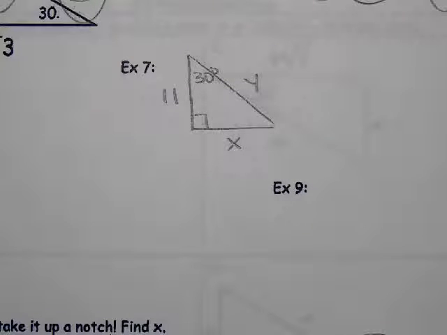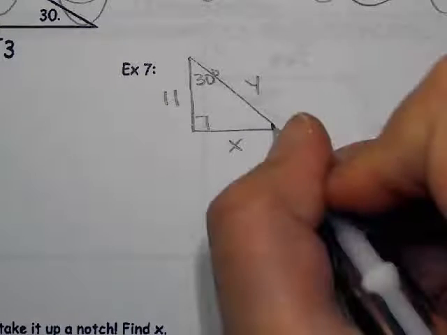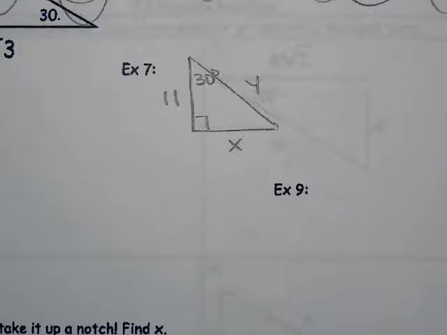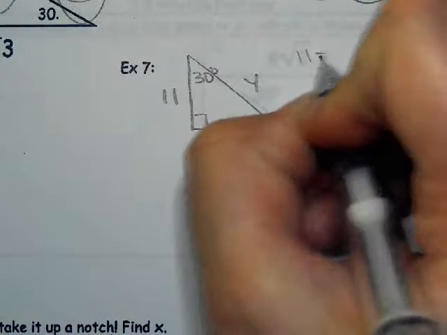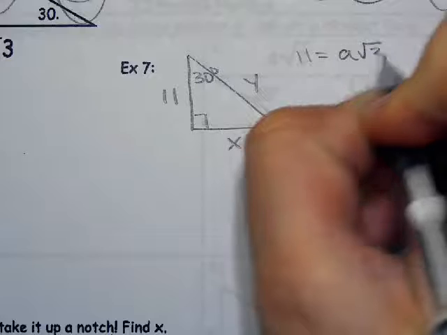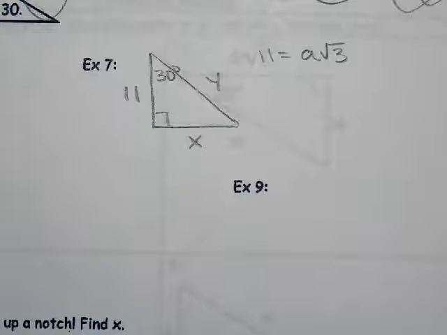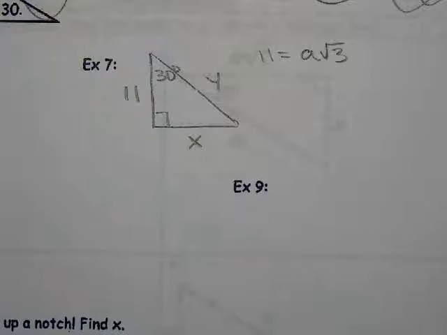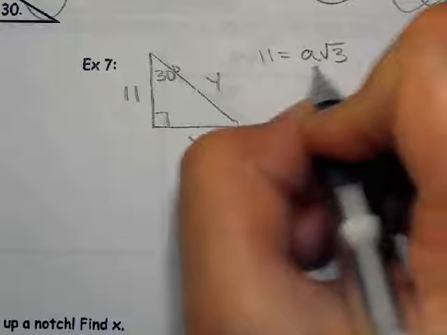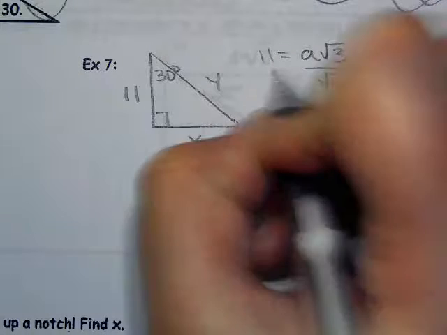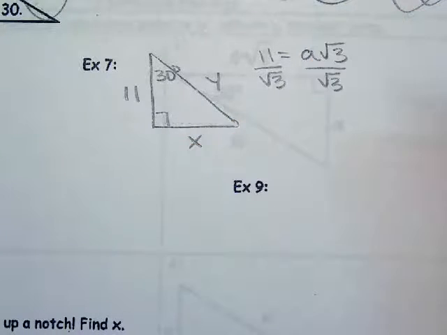So I gave you guys another tricky one, just like the one we just did. So what do we need to do? Okay, 11 equals a root 3. And then what do we need to do? The root is across.